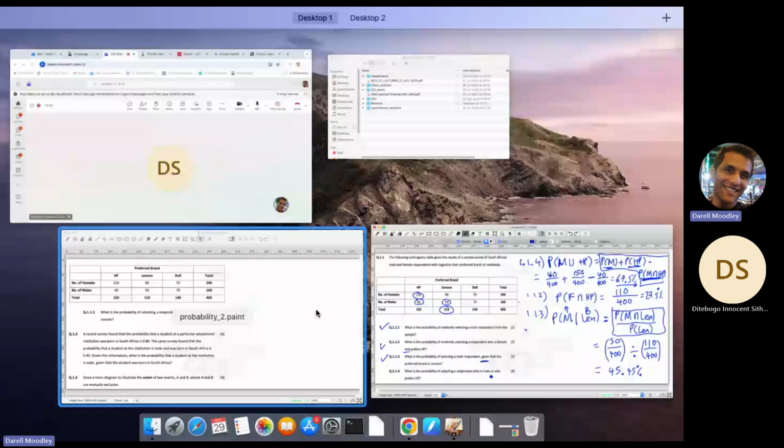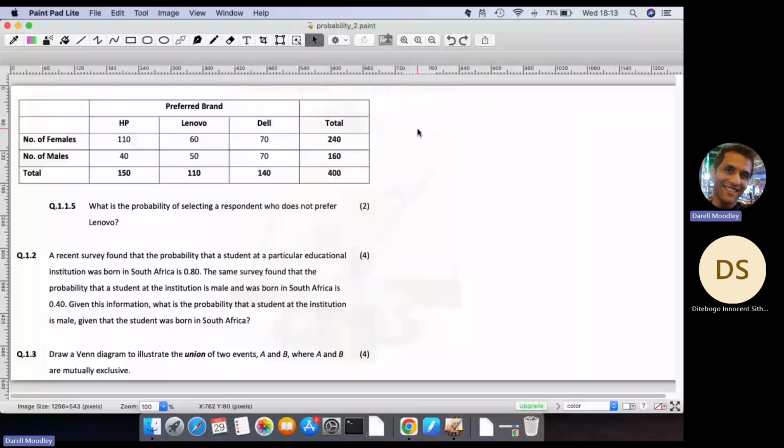Let's continue here. So the same table. The next question is, what is the probability of selecting a respondent who does not use Lenovo? So this is a complement rule. We use the complement rule here.